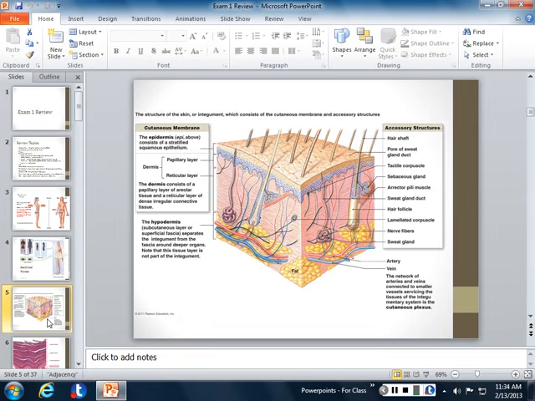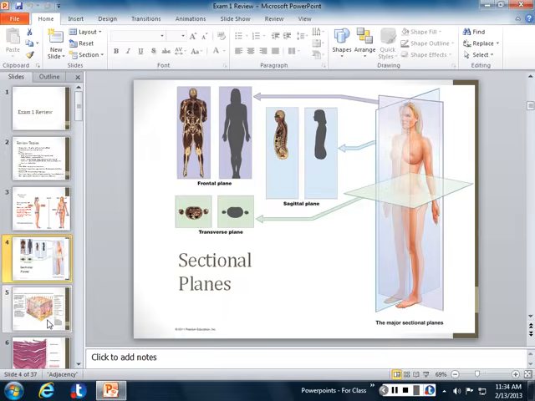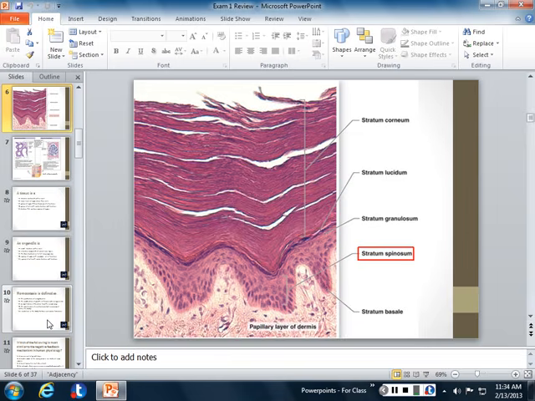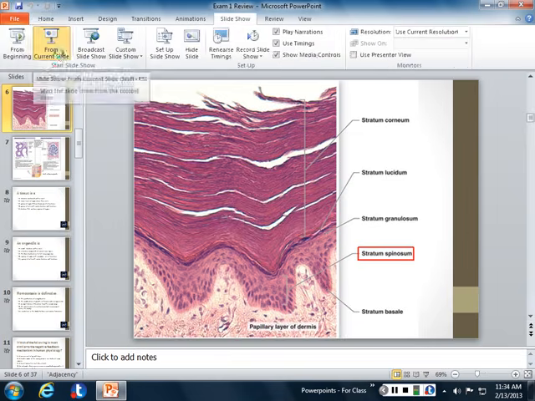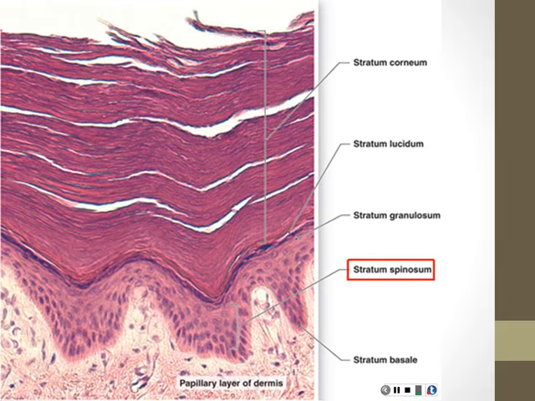And then if we zoom in to just the epidermis, we're going to look at just the top part, and we'll see the layers of the epidermis. There are two kinds of skin: thin skin and thick skin. Most of the body is covered with thin skin.